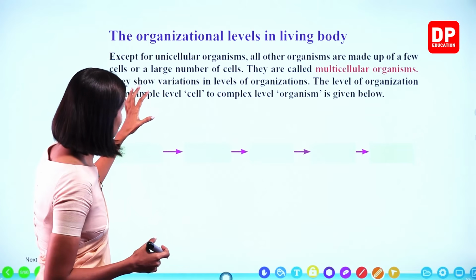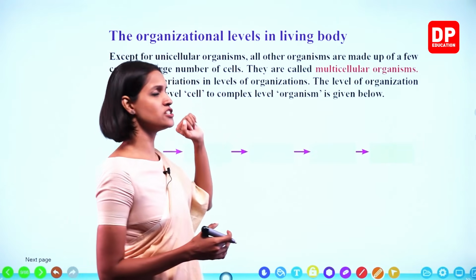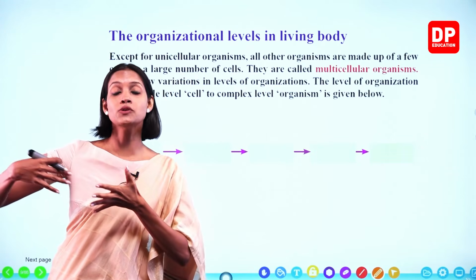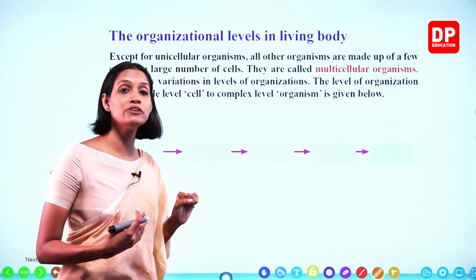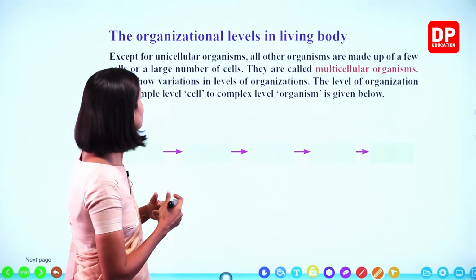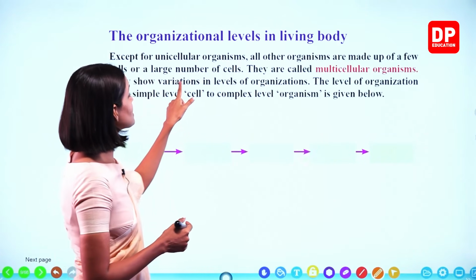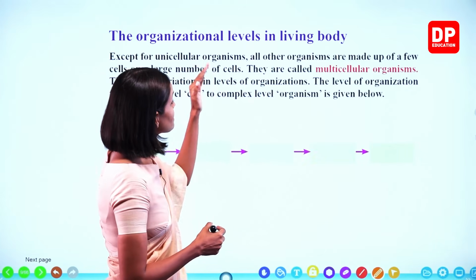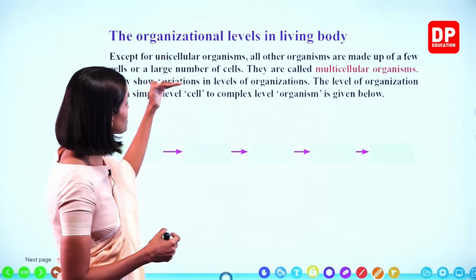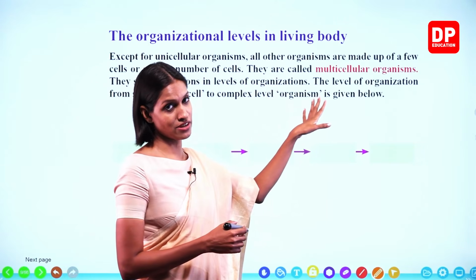They show variations in levels of organization. What is the meaning of this? Their bodies are made in a certain way. So under this topic, we are going to learn what that way is. Step by step, we are going to learn, right? The level of organization from simple level cell to complex level organism is given below.